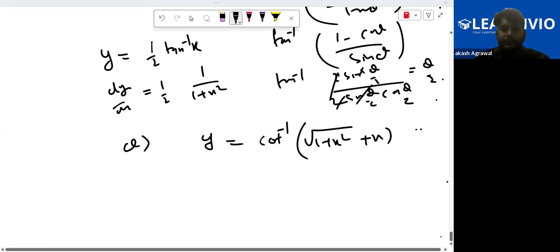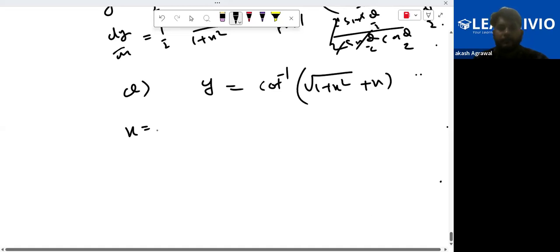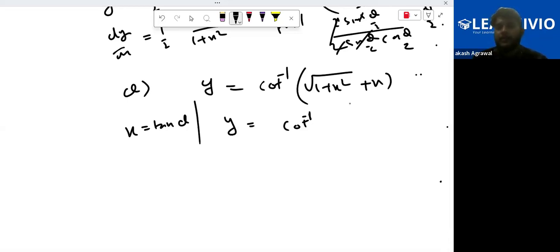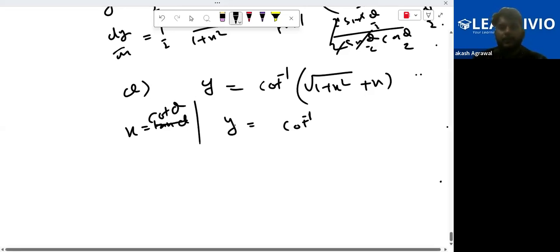Got the answer, anyone? Again, x we can put as tan theta. So y will be cot inverse. If you put cot theta, then it will be simplified. Let's put cot theta here and try what we get. Okay. So x as cot theta.